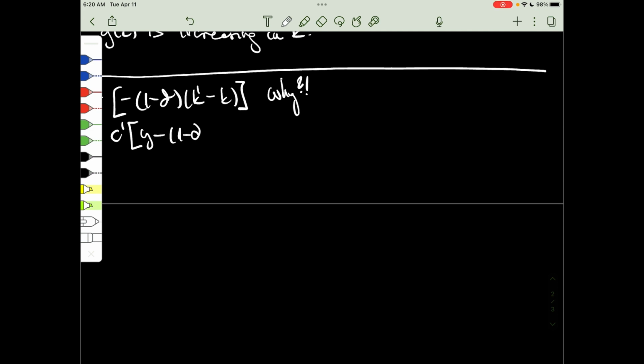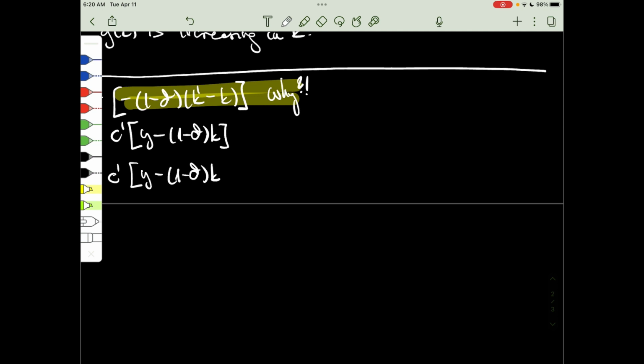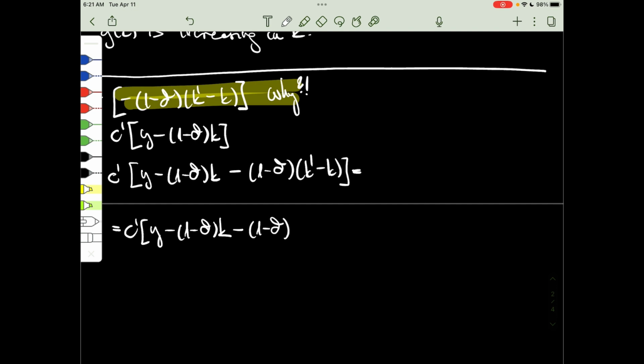value, and if I add this expression to the argument, we will have this expression, and you can realize that some parts fall out.